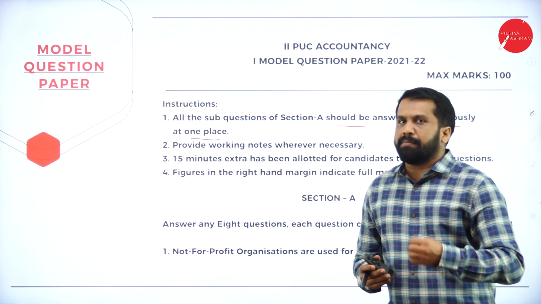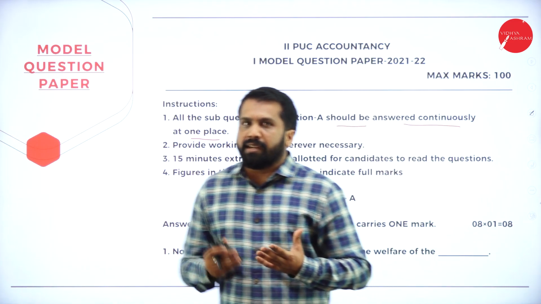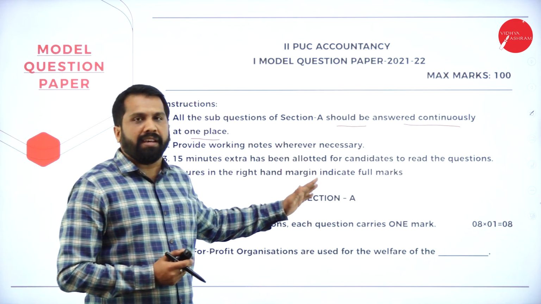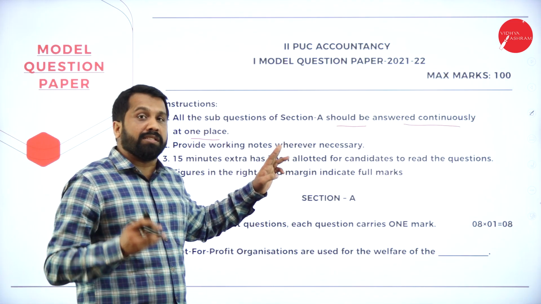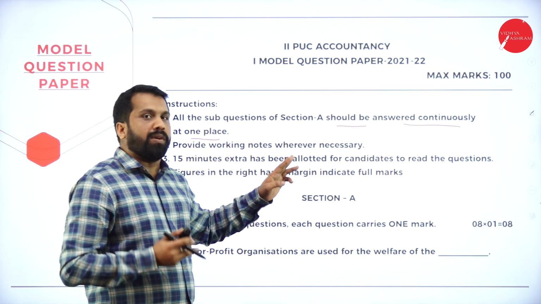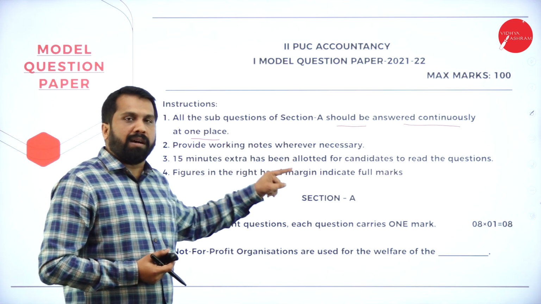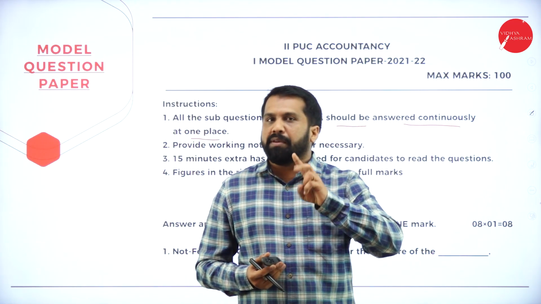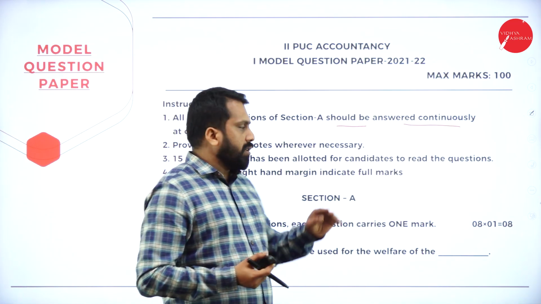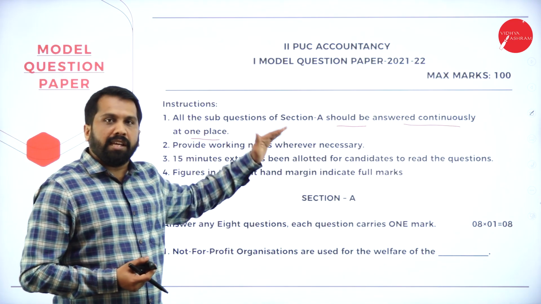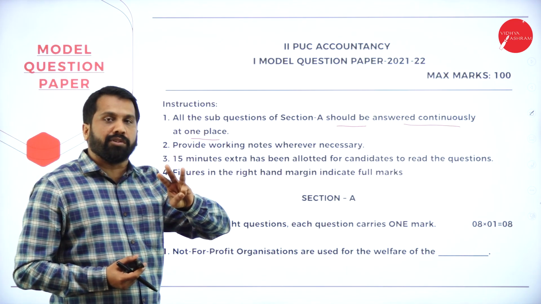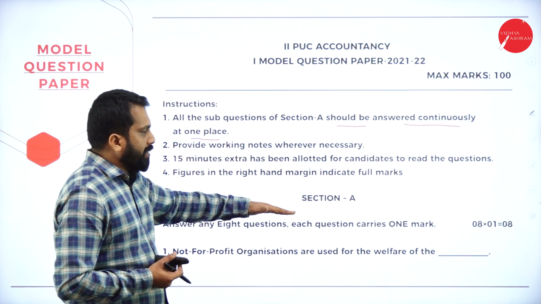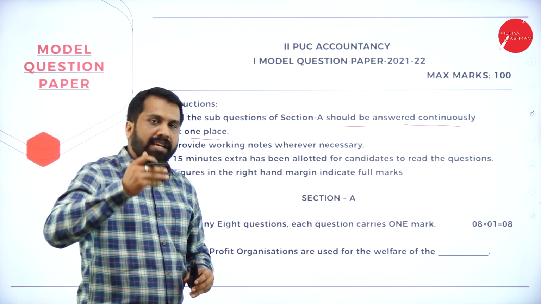In some case, you may think that in part A, I know only 5 questions, and the balance 3 questions I will write later. Do one thing. You know that a 1 mark question will take maximum 1 line or it may be 2 lines. Please leave 2 lines gap for each if you have not attended 3 questions. 2 plus 2 plus 2, 6 lines, leave it blank.